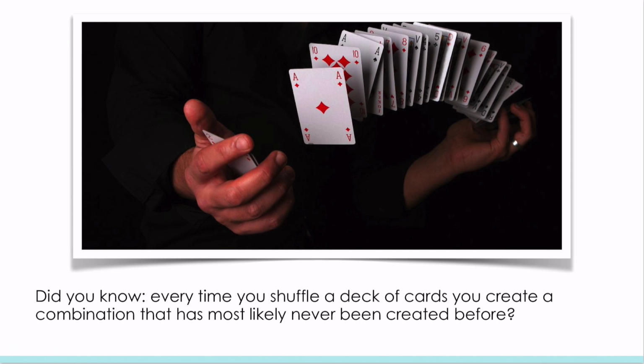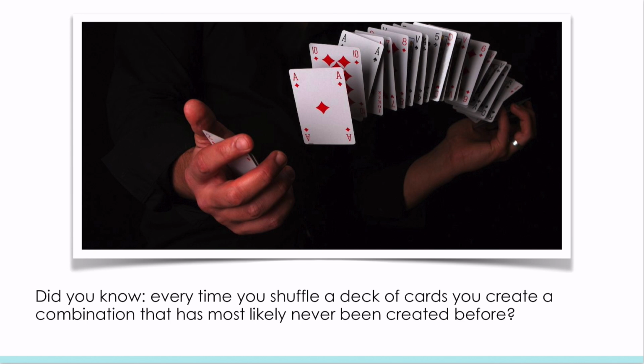So just to demonstrate what combinatorics is, or an element of it, and how it is used in the real world, here is a fact for you. Pretty much every time you shuffle a deck of cards, you create a combination that has most likely never been created before. So what we mean by that is that the way the cards are arranged, the order of them, has very likely never been arranged in that way from any other shuffle that's ever been created.